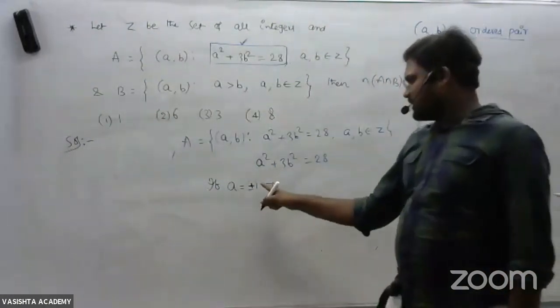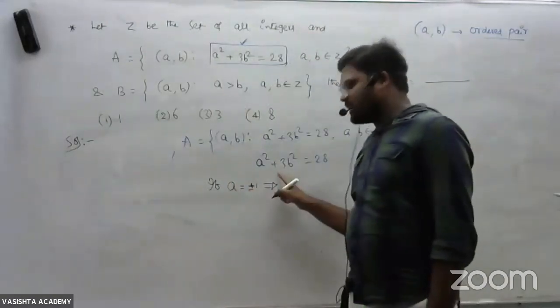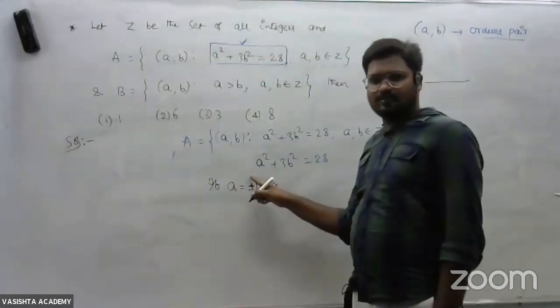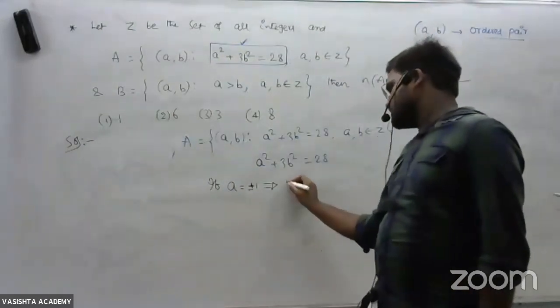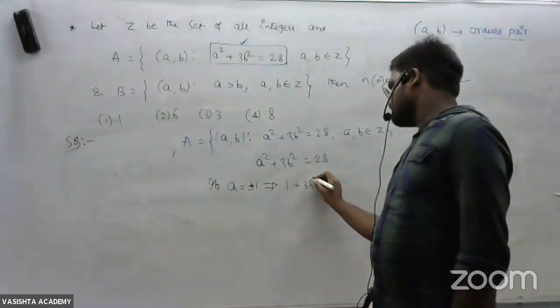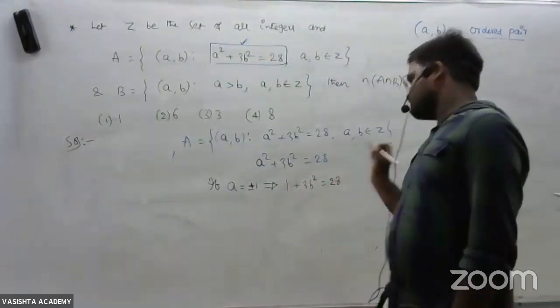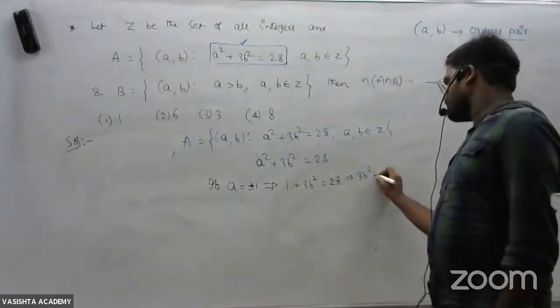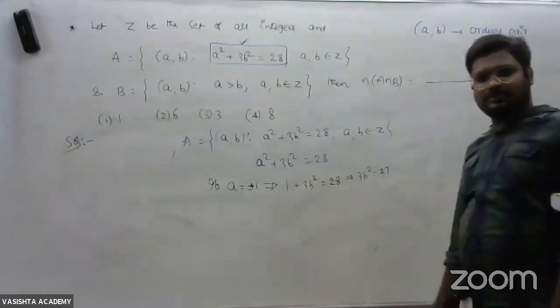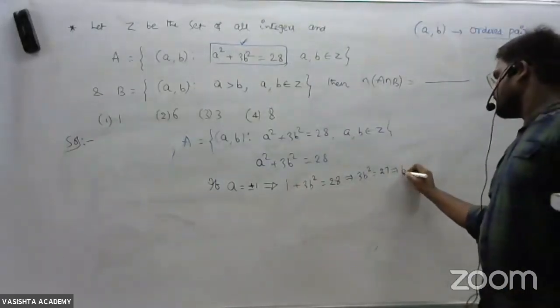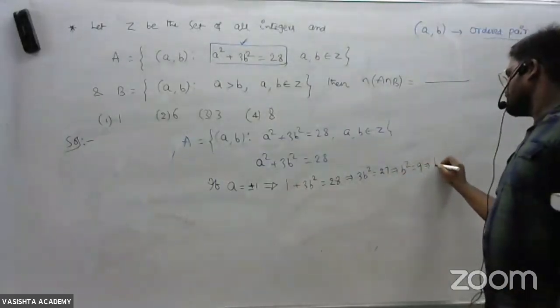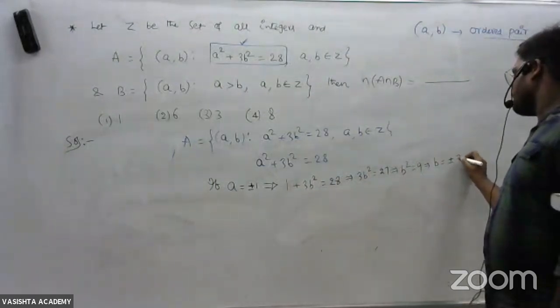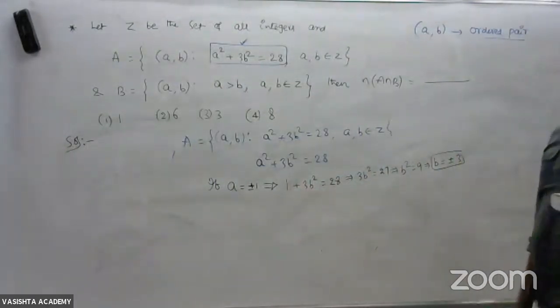Here if I take a, I will get the b value; if you take b, correspondingly you will get the a value. So this is 1 plus 3b square equal to 28. Now from this, 3b square equal to 27. Now b square equal to 9. So b equal to plus or minus 3.